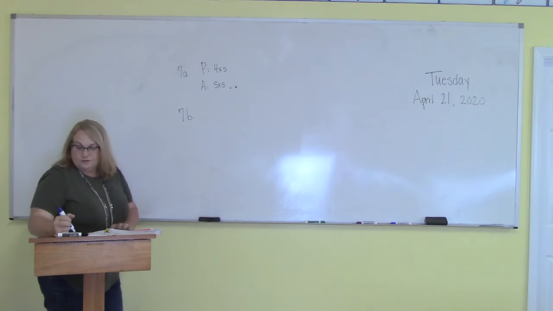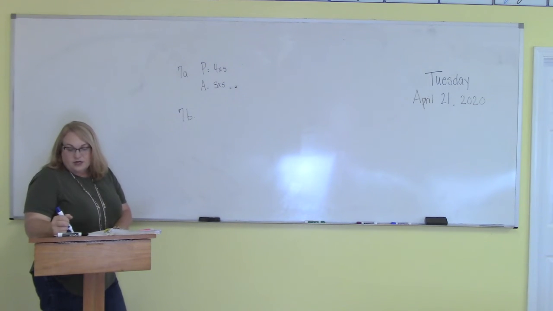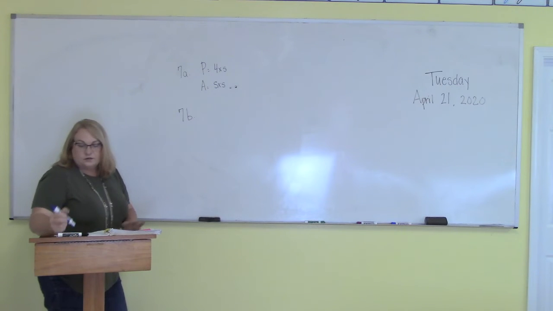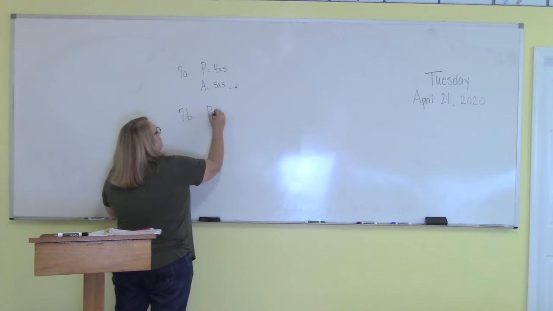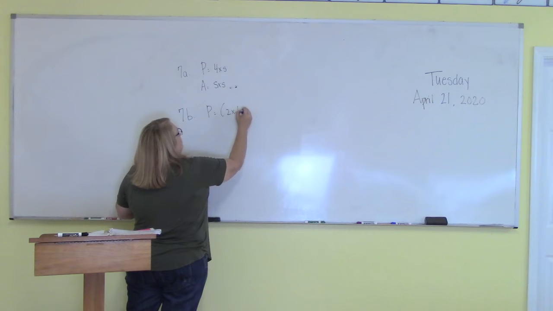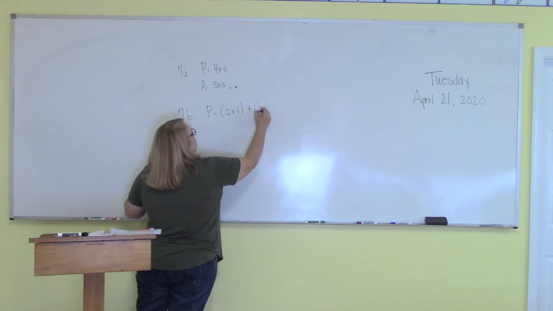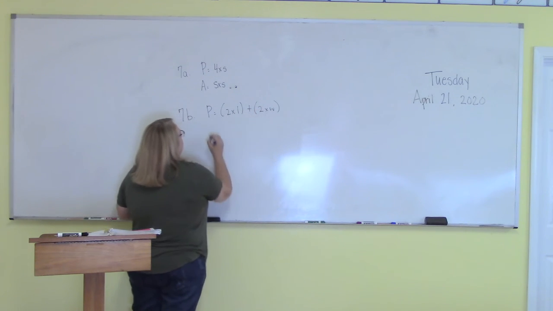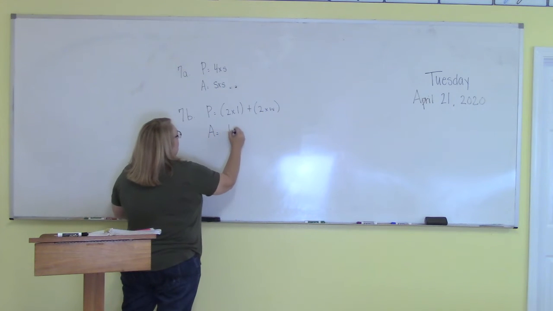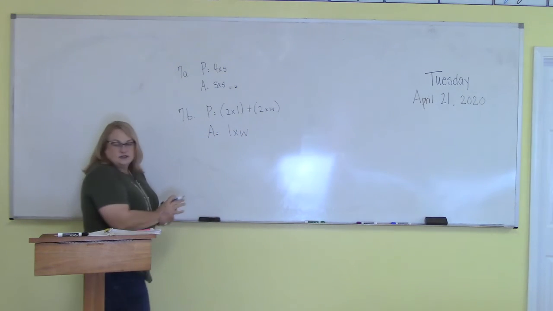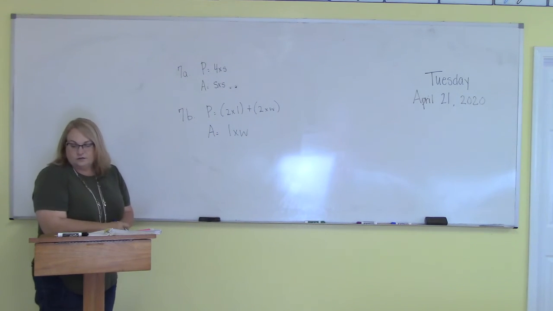7B, you're finding the perimeter and area of a rectangle. So the perimeter is 2 times the length plus 2 times the width. And the area is length times width.